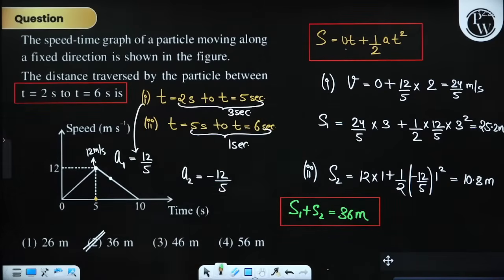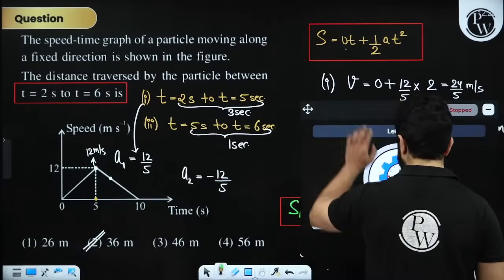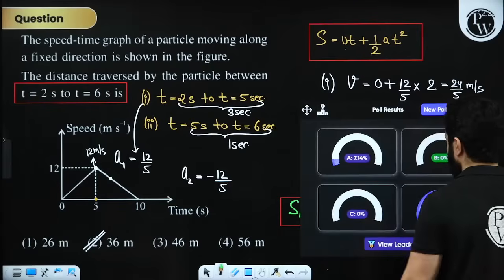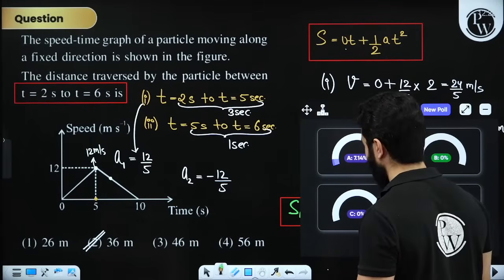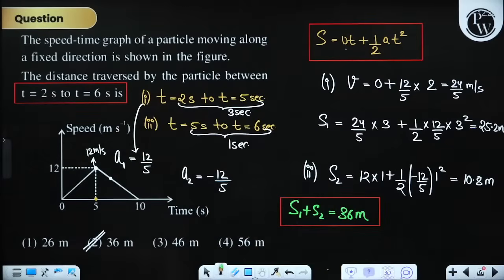Now, please write down in the chat box if you have any doubt. 36 meter, option B, is the correct answer. As you can see, this was again a nice problem. Oh, 56 meters? Please check it again, my dear friends. I think you might have made some mistake.